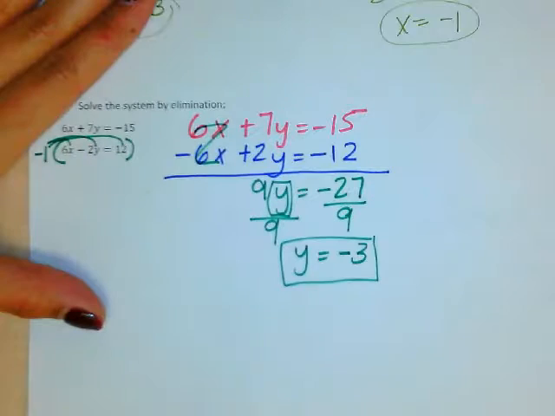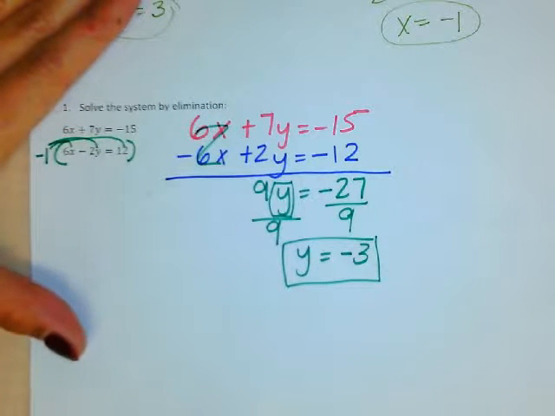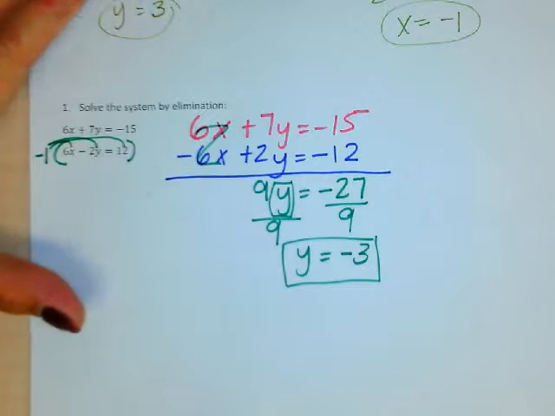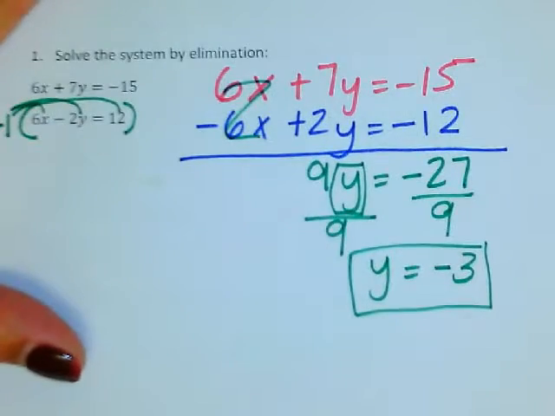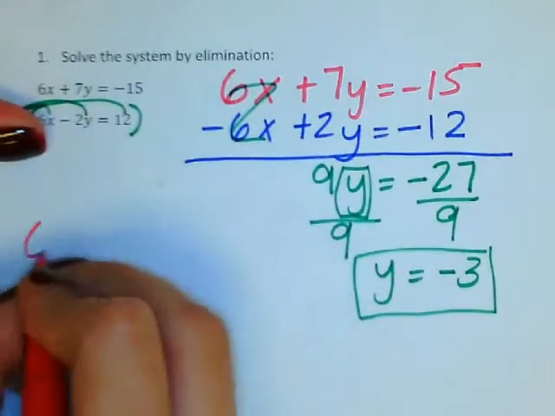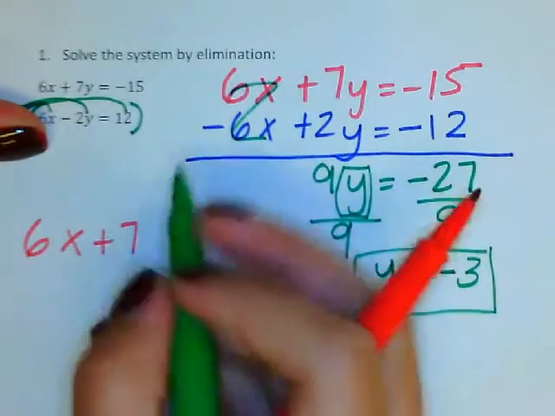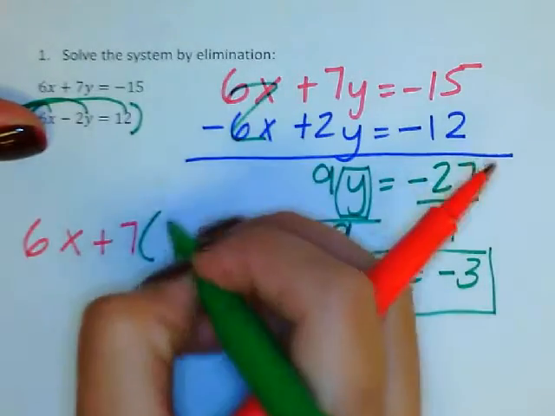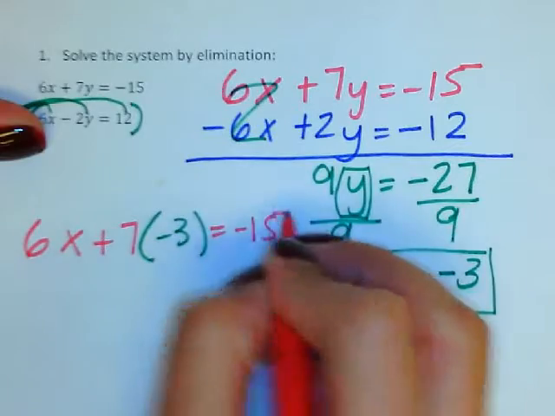Now that I know what y equals, I can use any of the original equations to plug it back in. Okay, so I can use the first one to plug it back in. So I'm going to write 6x plus 7, and instead of y, I am going to sub in the -3, and then equals -15.